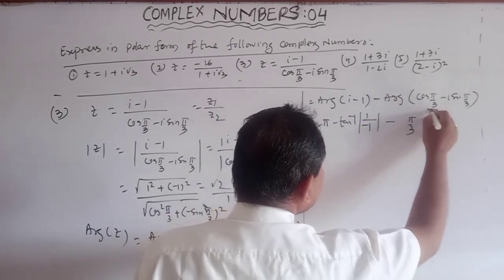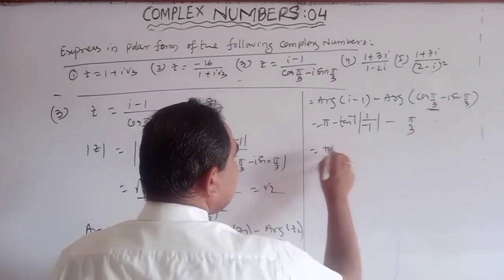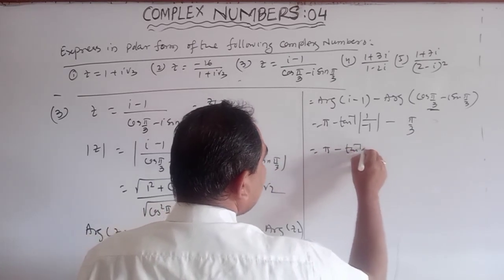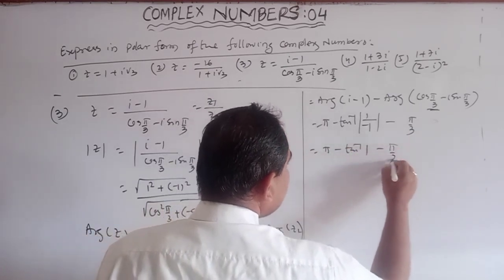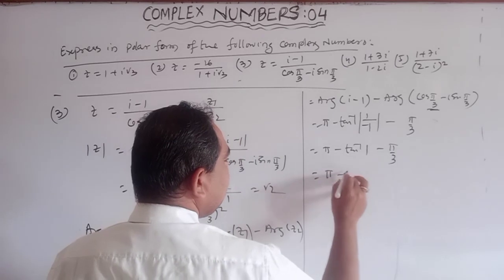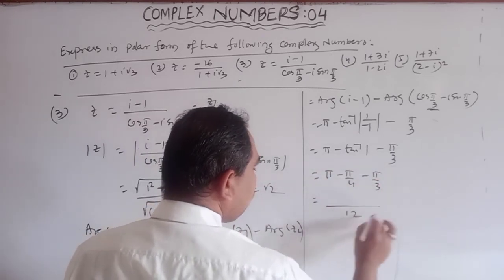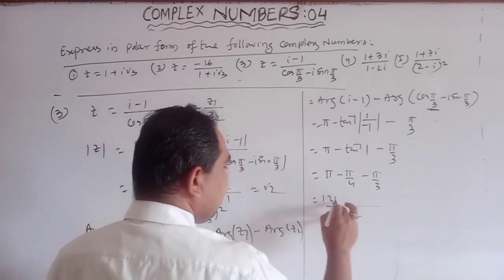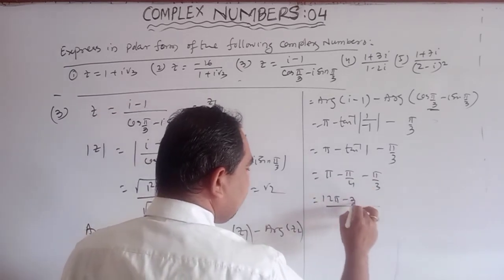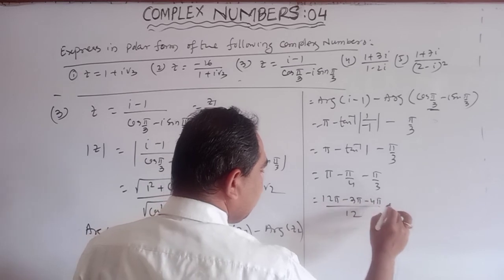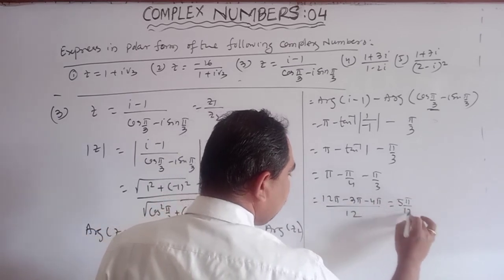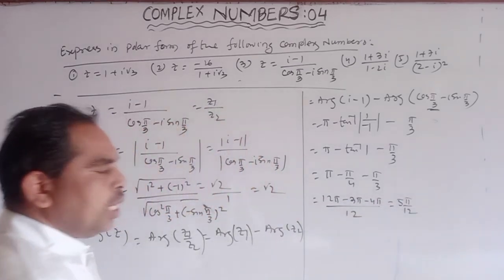So pi minus tan inverse 1 minus pi by 3 is equal to pi minus pi by 4 minus pi by 3. Find the LCM 12. So 12 pi minus 3 pi minus 4 pi is equal to 5 pi by 12. This is our principal argument of z.